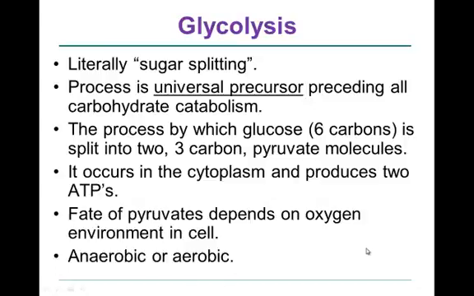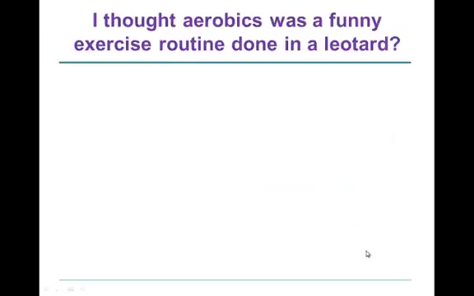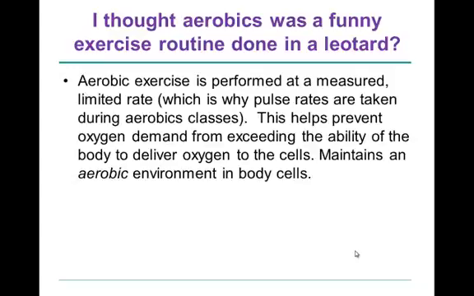And you might be thinking, well, I've heard of aerobic before, and I thought aerobics was a funny exercise done in a leotard. Well, it turns out that aerobic and anaerobic are also two types of exercise. And aerobic exercise is exercise that is performed at a measured, limited rate.